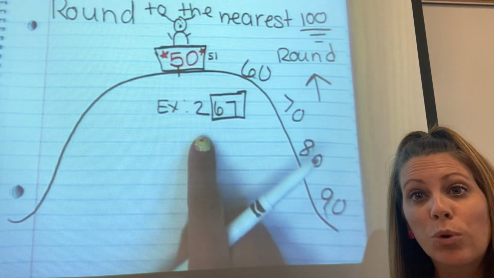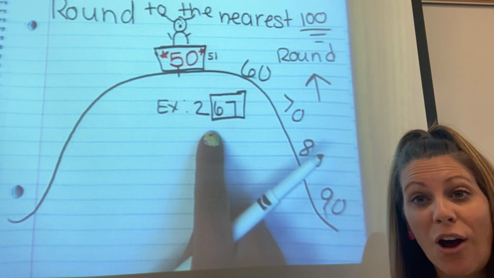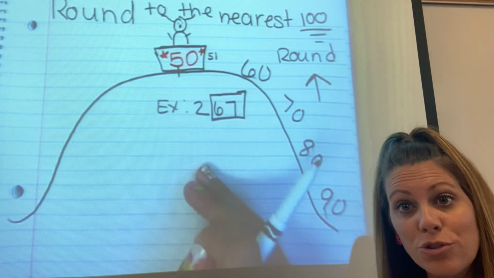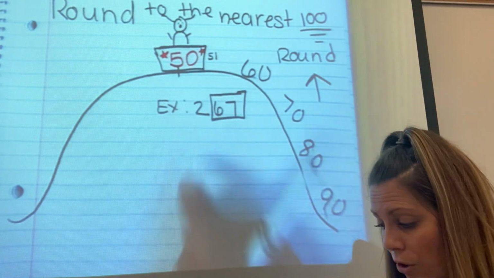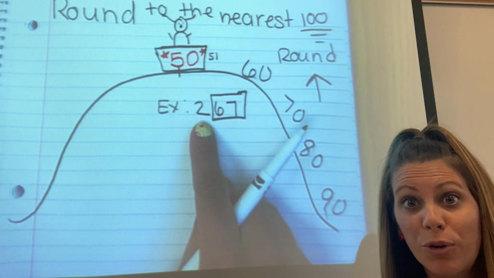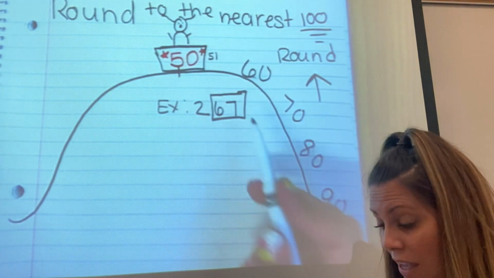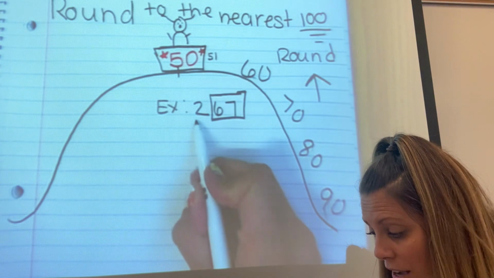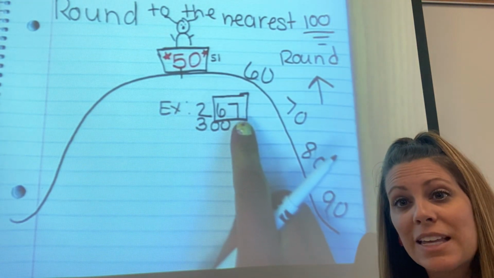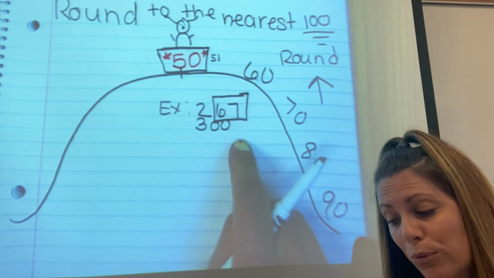So that means we're going to round 267 up to the next 100, the bigger 100. Well, what comes after 200? If we're counting by hundreds, it should be what? 300, right? So 267 is closer to 300.